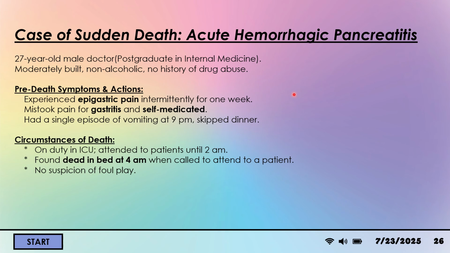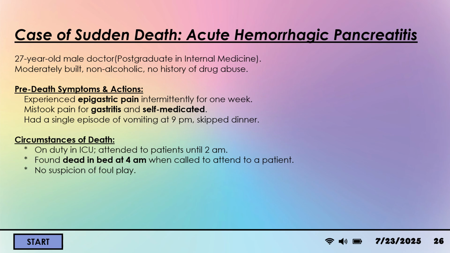He was on night duty that day, and at that time he had a single episode of vomiting at 9 p.m. He skipped dinner and went back to his resting room, and on duty in the ICU he attended to patients until 2 a.m. And at 4 a.m., when he was awakened, he was not able to get up, and he was declared dead at 4 a.m.